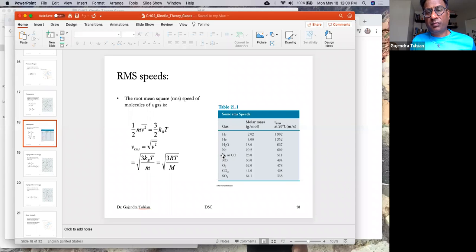The average speed of nitrogen molecules is 511 meters per second, so about 0.5 kilometers per second. The average speed of an oxygen molecule is slightly less because oxygen molecules are heavier than nitrogen molecules.